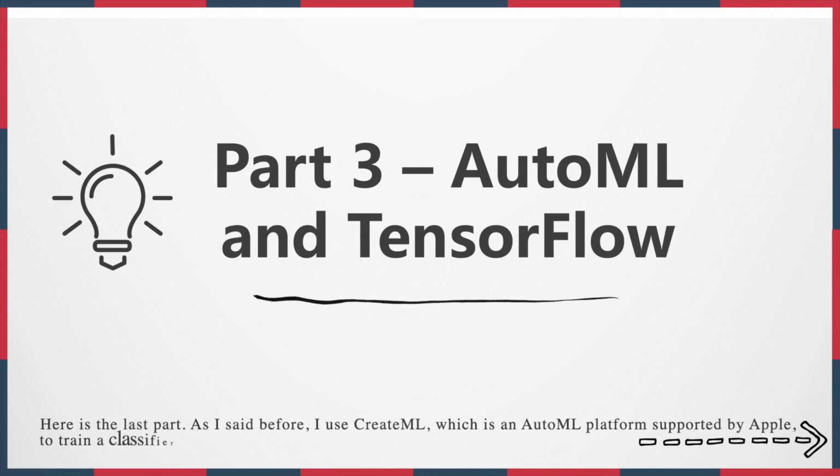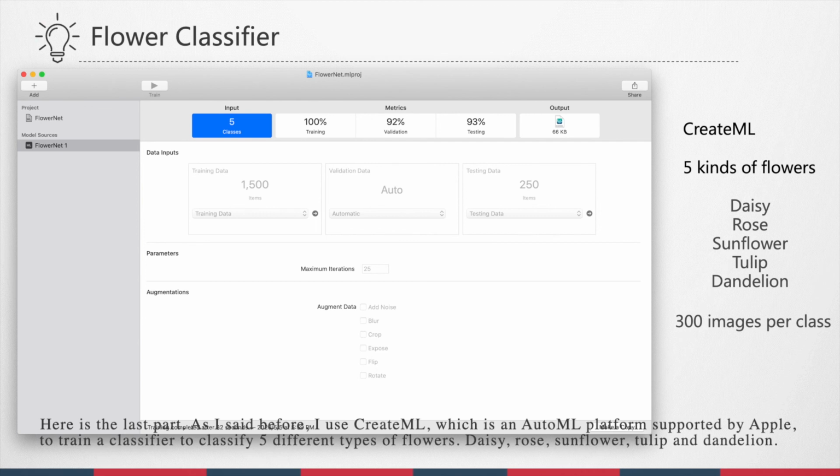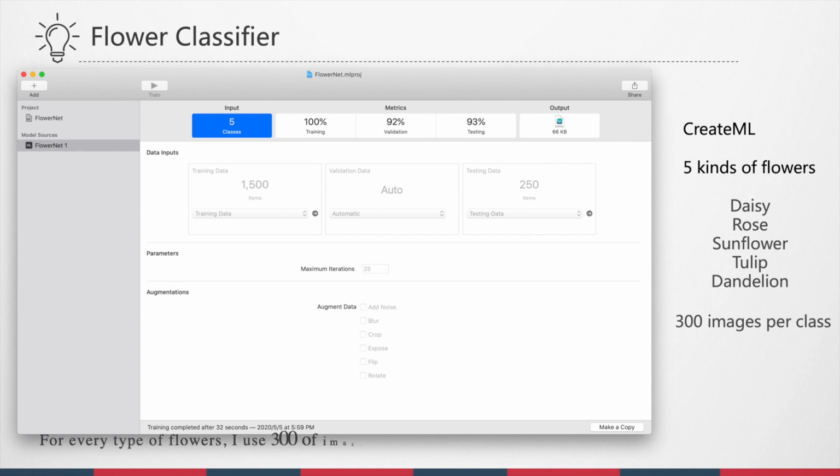Here is the last part. As I said before, I use CreateML, which is an AutoML platform supported by Apple, to train a classifier to classify 5 different types of flowers: daisy, rose, sunflower, tulip, and dandelion. For every type of flower, I use 300 images as training data.